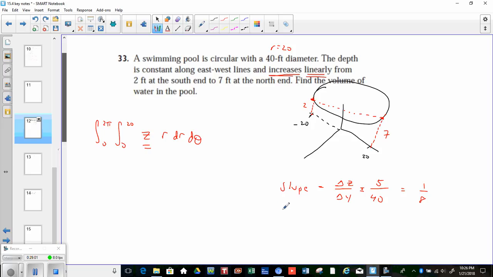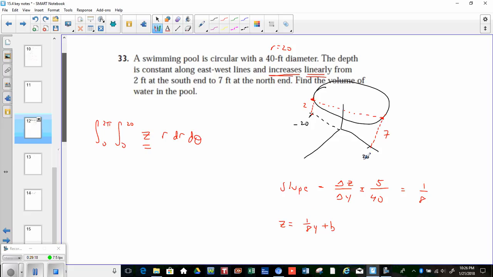And then again, I can use the fact that this point is the point (7, 20), so we know it's like y equals mx plus b, except in this case it's z equals 1/8 y plus b, because it's in the zy direction.